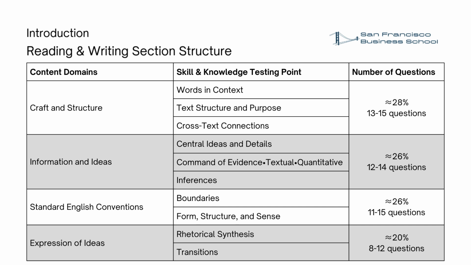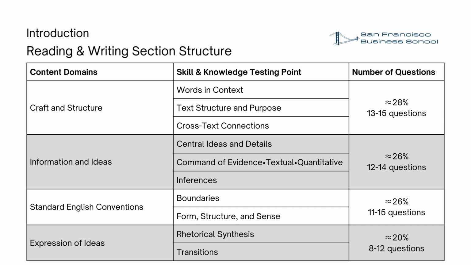Craft and structure content domain measures the comprehension, vocabulary, analysis, synthesis, and reasoning skills and knowledge needed to understand and use high-utility words and phrases in context, evaluate texts rhetorically, and make connections between topically related texts.